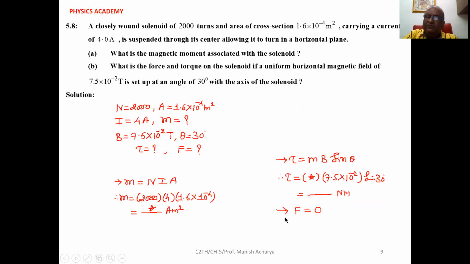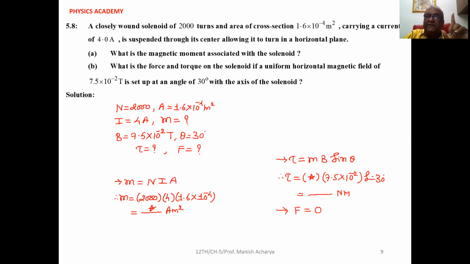Then force. Now we know this thing: when any coil is placed in a uniform magnetic field, the net force acting on it is equal to 0. Or we can say when any magnetic moment is placed in a uniform magnetic field, the net force acting on it is 0.